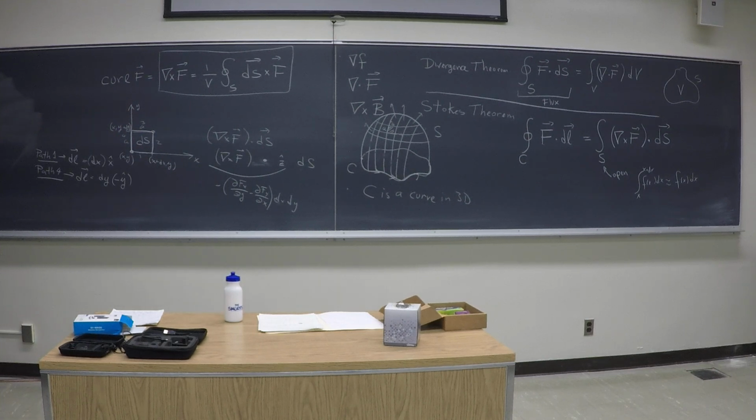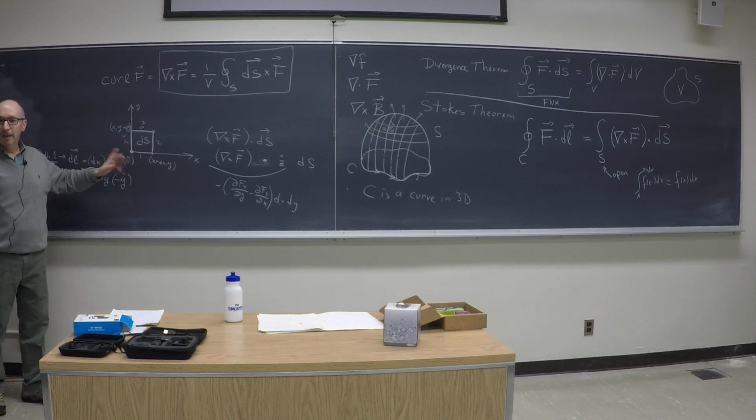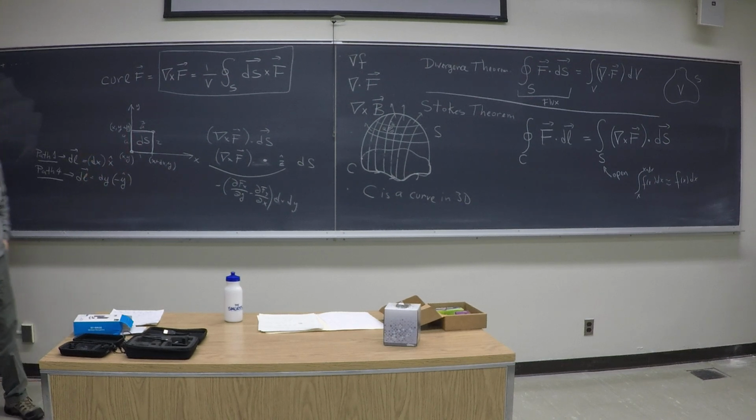So it's going to be f, the field f, evaluated at x and y, dot the dl at path 1, which is dx times x. Okay? Plus three terms, 2, 3, 4. Let me not write them because that way we can go faster.